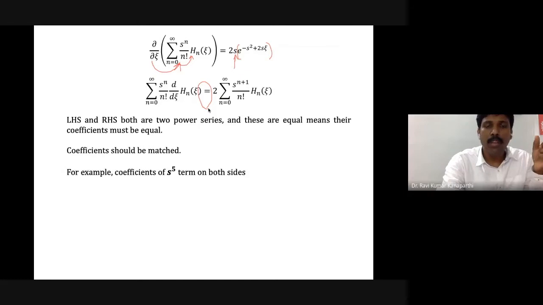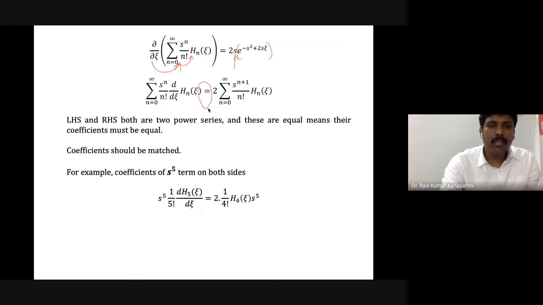For example, I can think of a term s to the power 5. I can think of matching the coefficient of s to the power 5. If I want to have the s to the power 5 term on the left hand side summation, what should I do? We can substitute n is equal to 5, right?